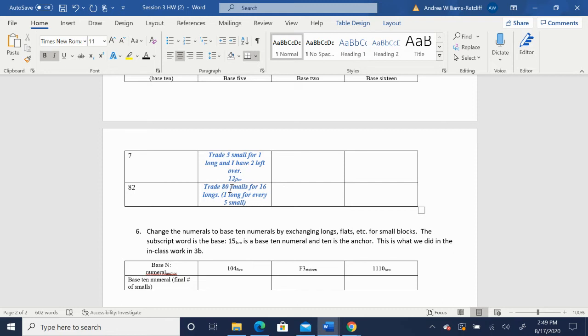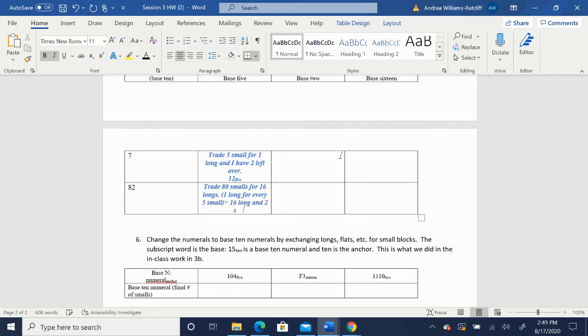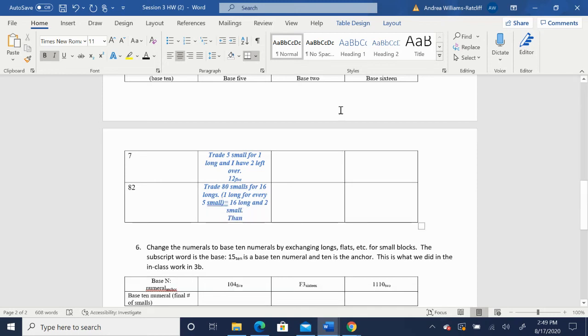Now I have 16 longs, plus I still have those 2 leftover smalls because that only used up 80. I now have 16 long and 2 small. If I want to keep going, I can't stop here because it's bigger than 5.